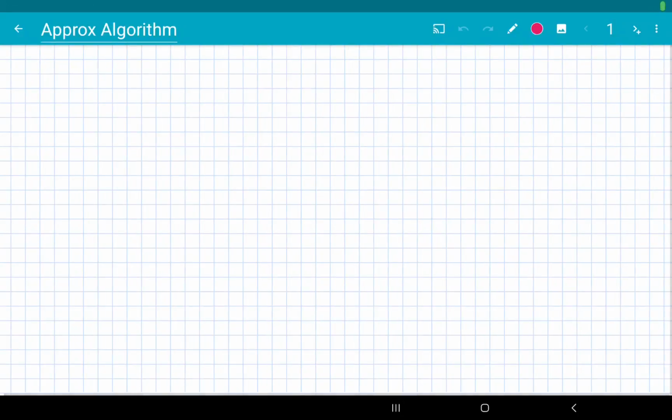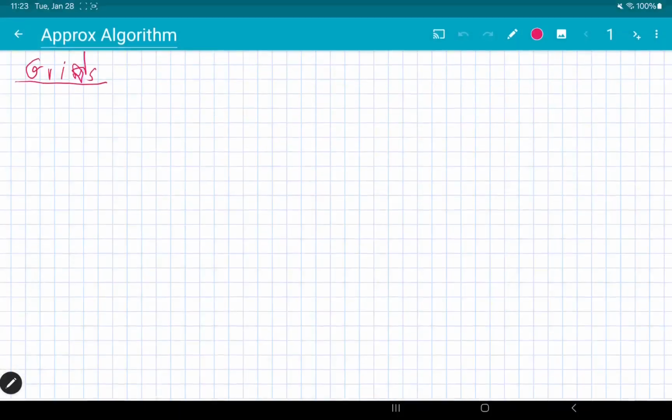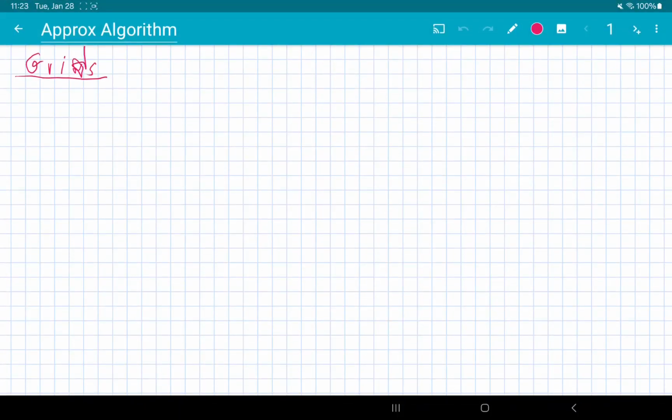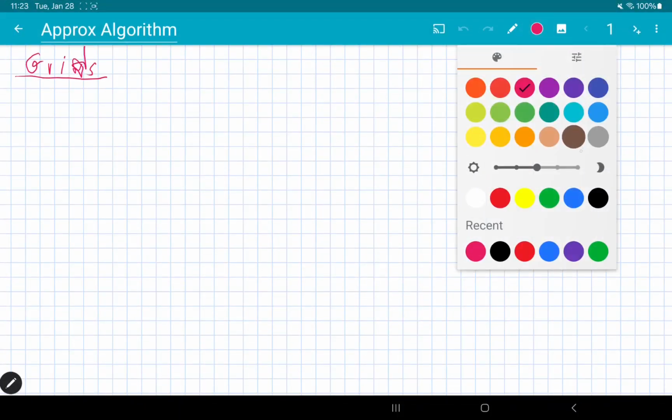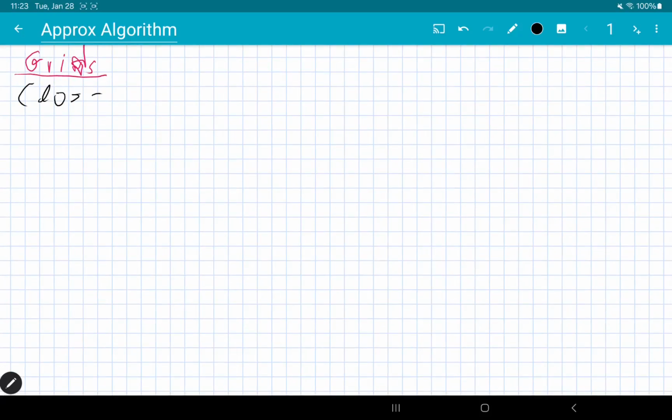Hello, today we are going to talk about grids and some algorithms you can do using grids. In particular, I would be interested in computing closest pair of points in linear time.